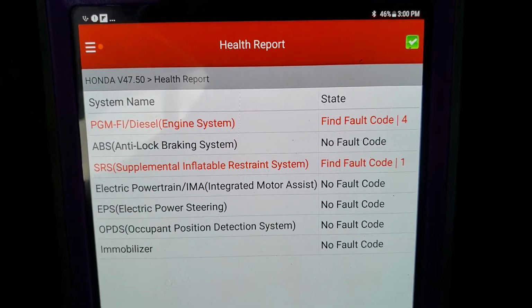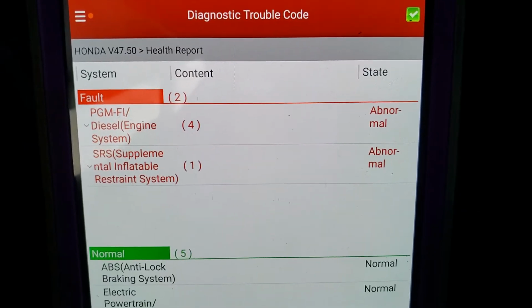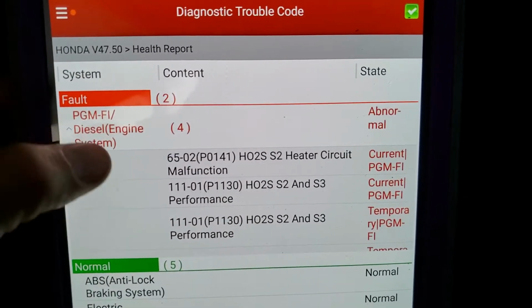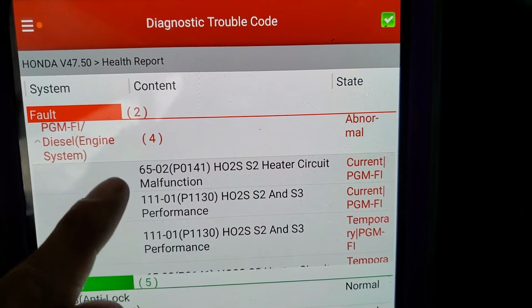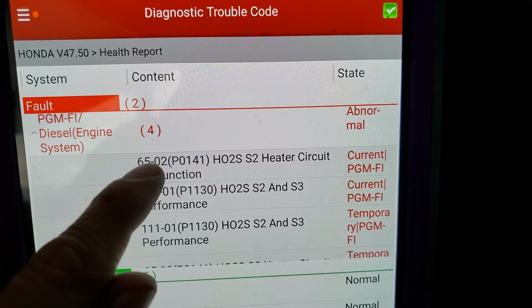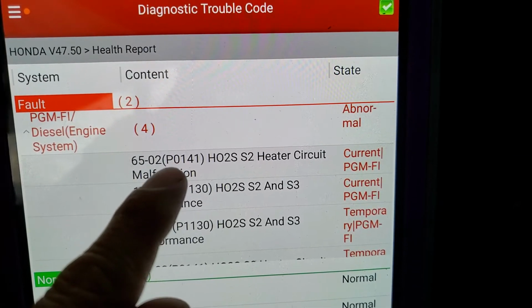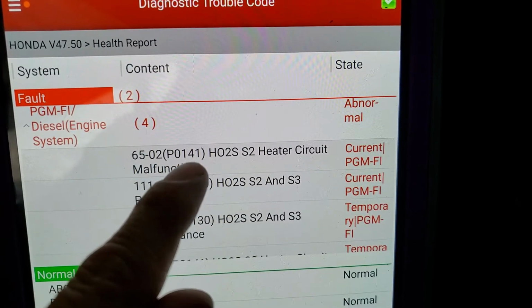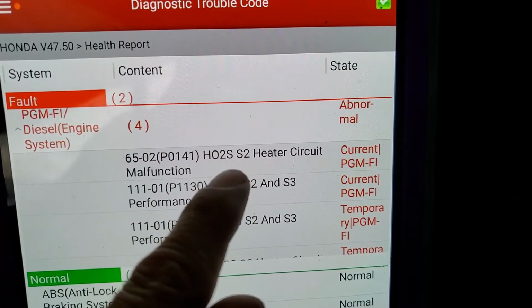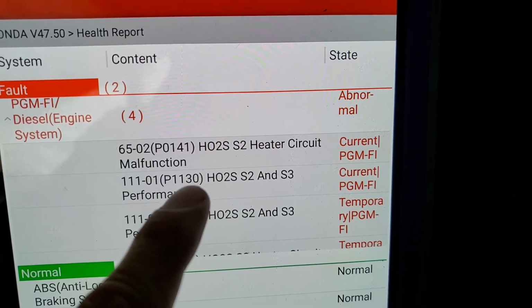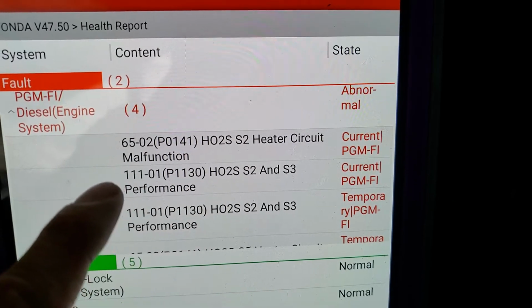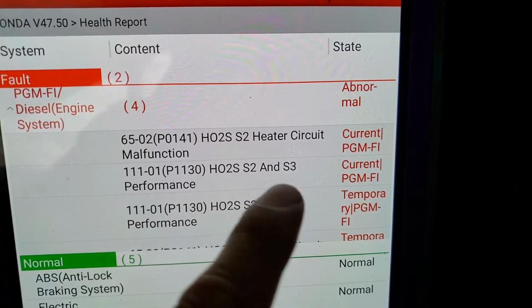So we have the list of diagnostic codes here. Let me go to the fault report, and we have those. Manufacturer code 65-02, equal to generic code P0141, heater air fuel sensor heater circuit malfunction. And we also have P1130, heater air fuel sensor 2 and 3 performance.